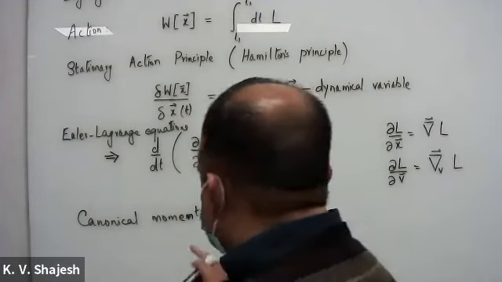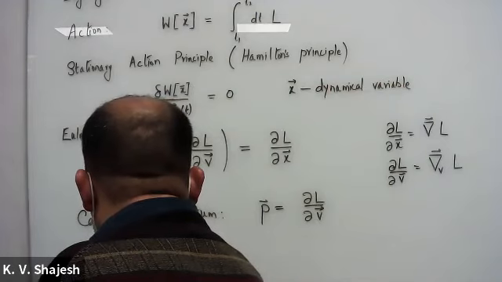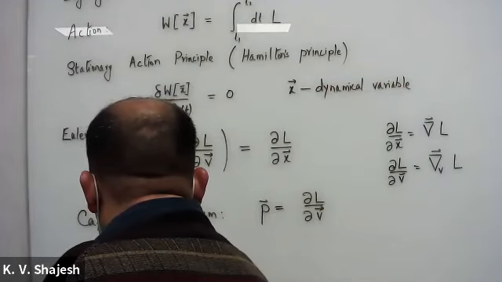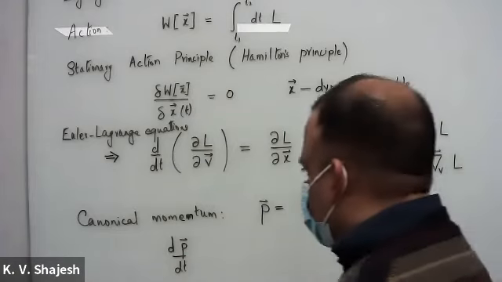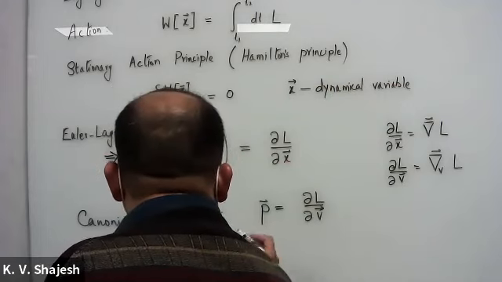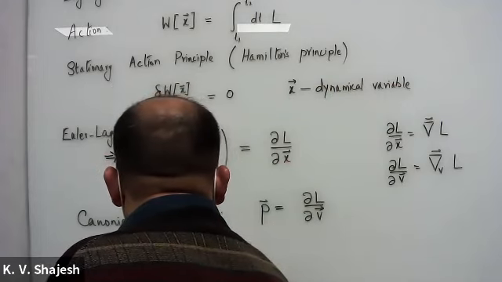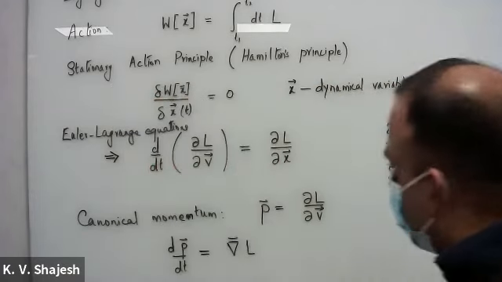In that sense, you can immediately write your equation as the time derivative of the canonical momentum, which, if it was standard mass times velocity, is the classic Newtonian force, equal to the gradient of L with respect to position.